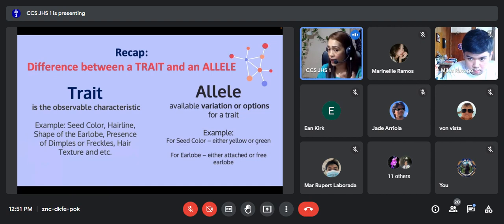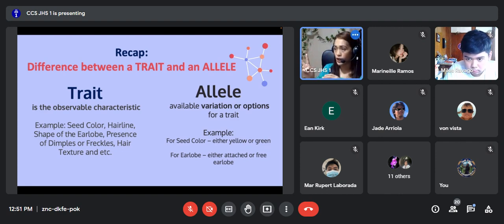According to what Mendel concluded in his observations, for seed color as a trait, the available options are either yellow or green. Okay, is that clear to everyone? Trait is the characteristic, or we can say a category, and the available variations of that trait are generally, according to Mendelian genetics, at least two.